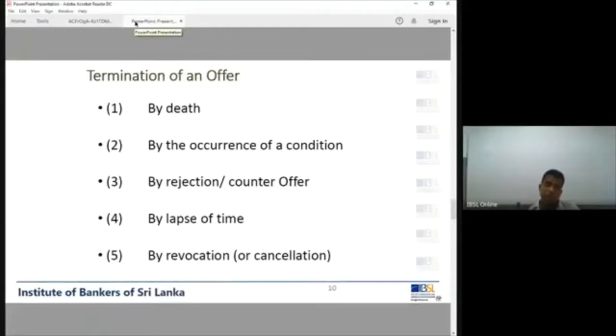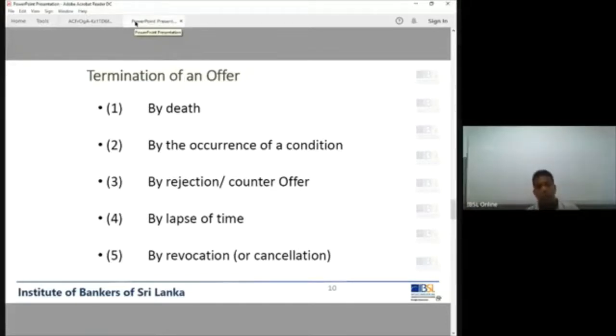But if I offer to sell a land, and I have not mentioned the time period, the court will interpret that in a different way. The court can interpret that the offer is valid maybe 6 months or maybe 1 year, depending on the nature of the offer, the nature of the contract, or the nature of the transaction.